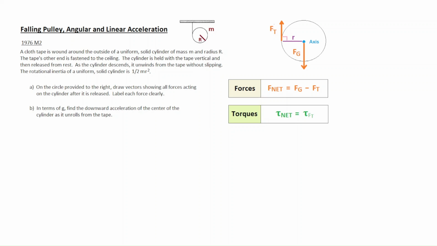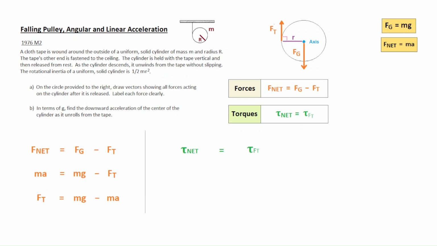All right, getting started with the solution for part B, I'm going to isolate this net force equation. Looking at my formula sheet, I'll need the weight equation and my Newton's second law net force equation. I'm plugging those into their respective places, and now I'm just going to rearrange the equation for tension force. I'm going to use that later. From there, starting with my torque equation, some substitutions for that also on my formula sheet.